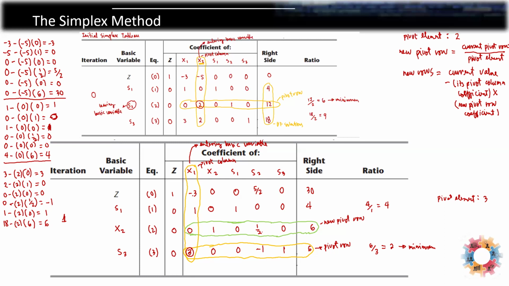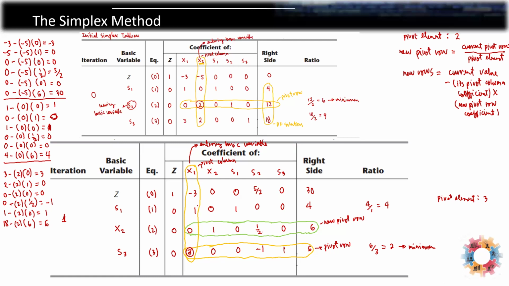But unfortunately, one of the entries there is still negative. So we don't have the optimal solution yet, meaning it fails the optimality test. So what do we do? We again repeat the process. So we will move to the second iteration.